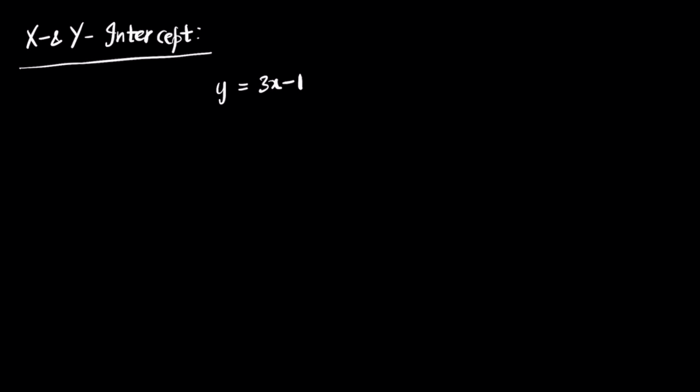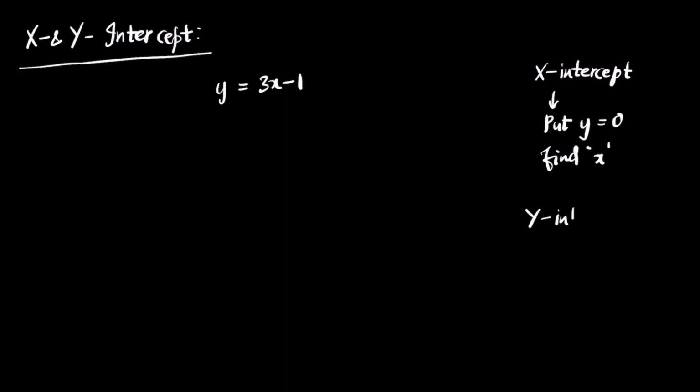There are two methods we can use. When you want to find the x-intercept, put y equal to 0 and find x. When you want to find the y-intercept, put x equal to 0 and then find y.